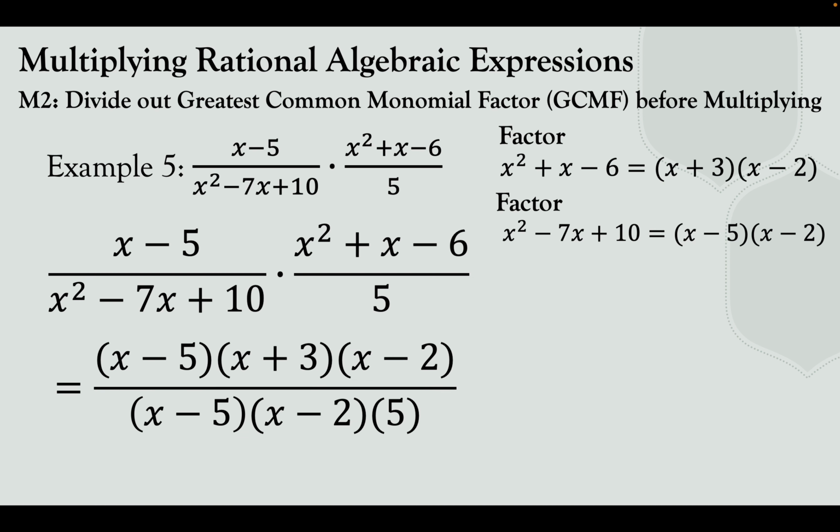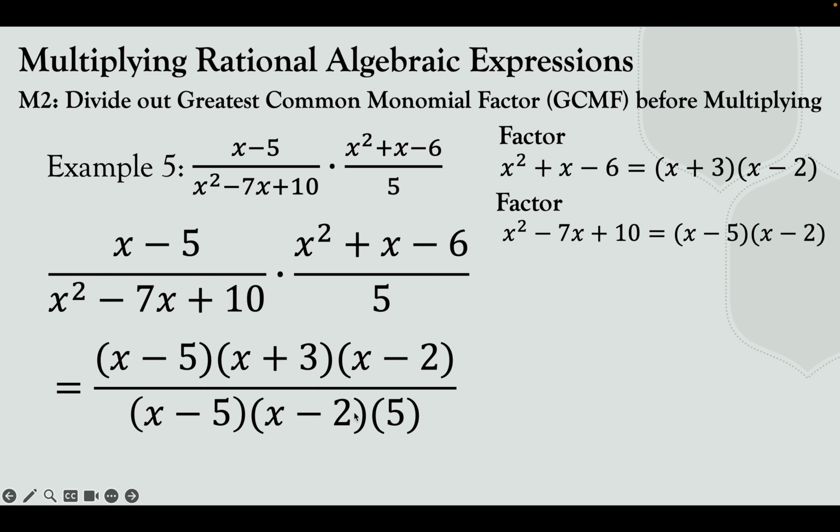So now, if you look at the given expression here, copy the first numerator, which is x minus 5, and the factored form for x squared plus x minus 6, which is x plus 3 times x minus 2. And for the denominator, you write the factored form for x squared minus 7x plus 10, x minus 5 times x minus 2, and times 5.